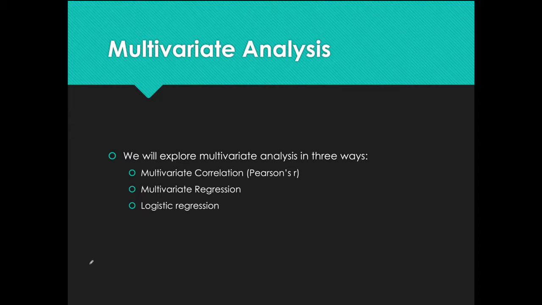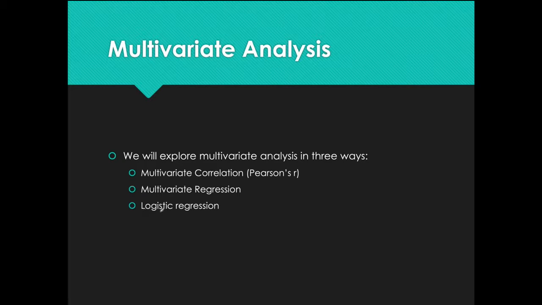So we're going to explore multivariate analysis using three basic tools. Correlation, or Pearson's R. We'll talk about that very quickly in a second. And then we're going to spend some time on multivariate regression, and then eventually we will talk about logistic regression. These two are very closely related.